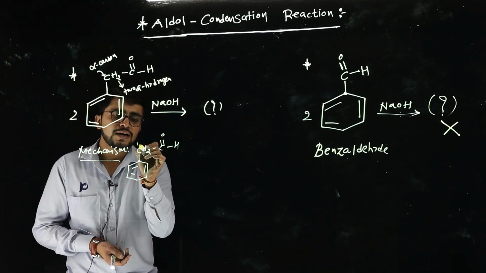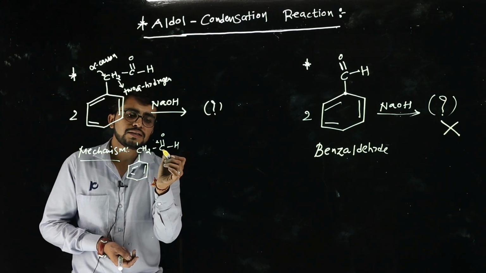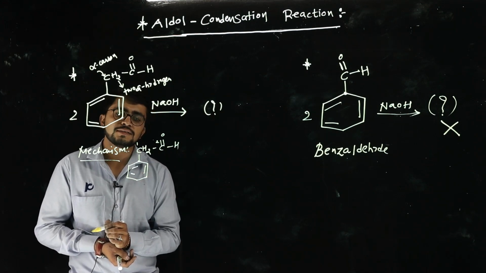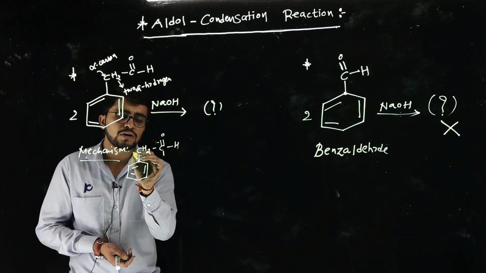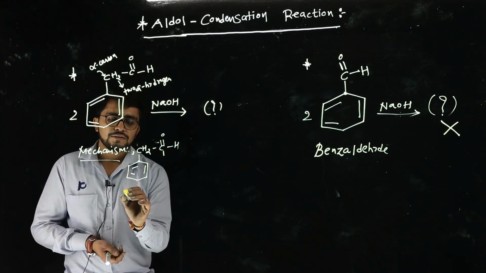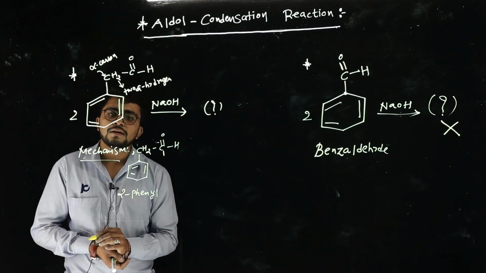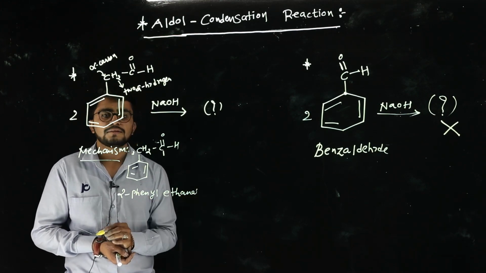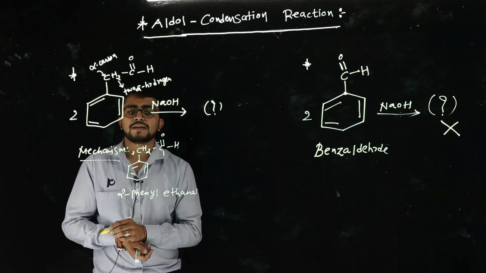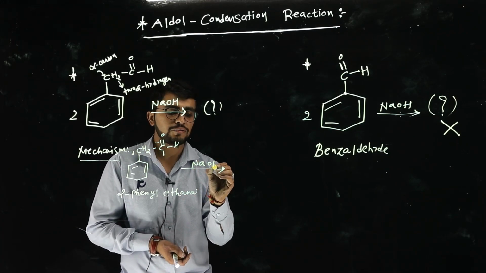Here we see 1 carbon, here 2 carbon. The aldehyde has priority, so numbering is from this side, 1 or 2. So the IUPAC name of this compound is 2-phenylethanal.